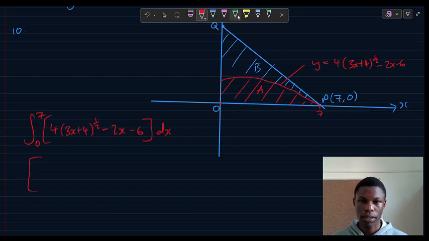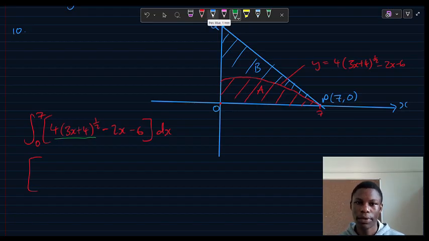We'll start with this part here. So start by integrating the outer function, which is the one with the power half. So add 1 to the power half. So we've got 4, (3x plus 4), add 1 to half, you get 3 over 2. Divide by the new power, 3 over 2.